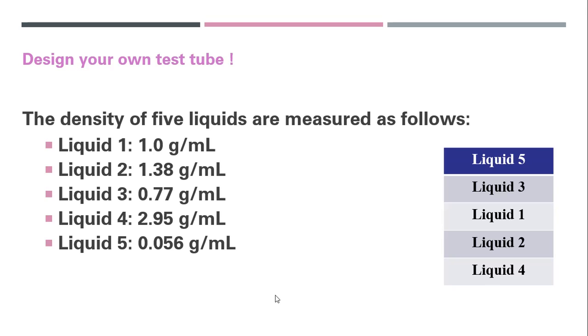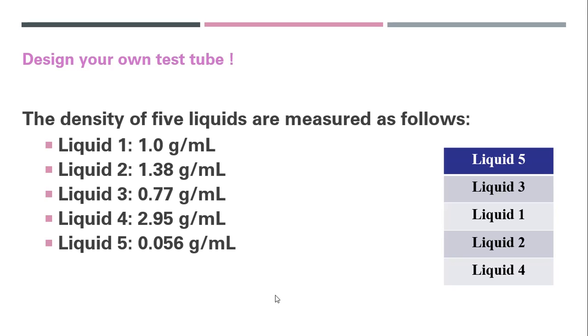Please bear in mind that if you have a tube of 5 liquids of different densities, the one with the most density is going to be at the bottom, followed by the one which is less, then the least dense one on the top.